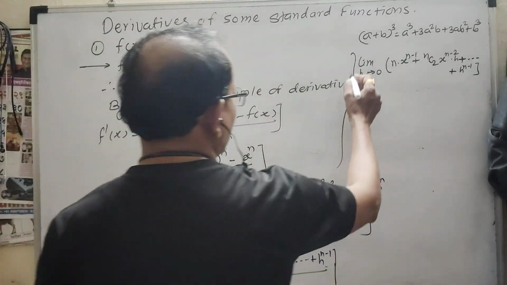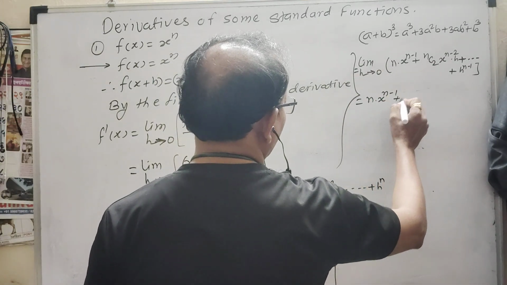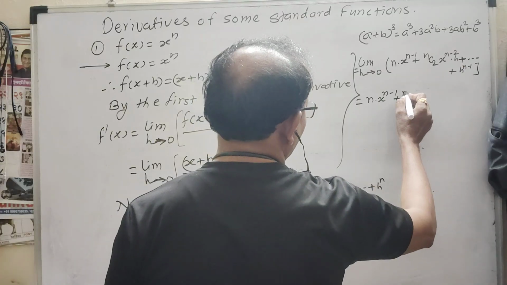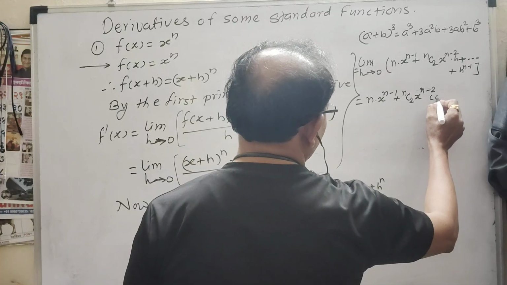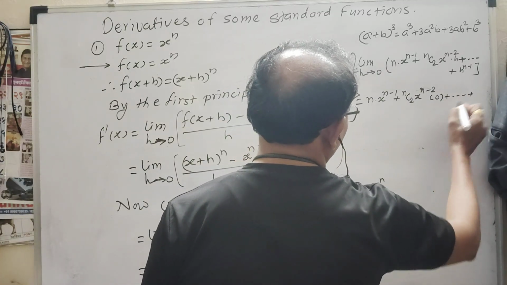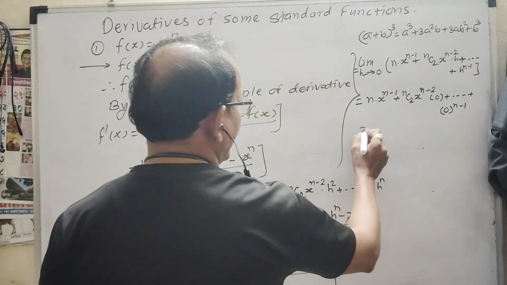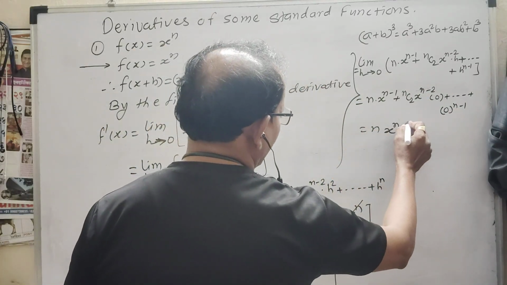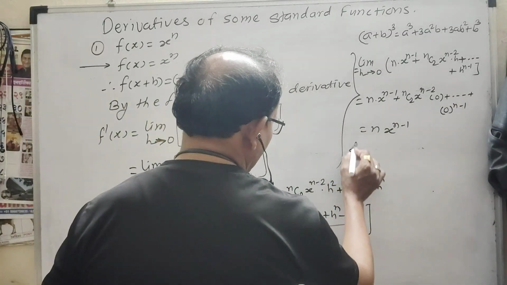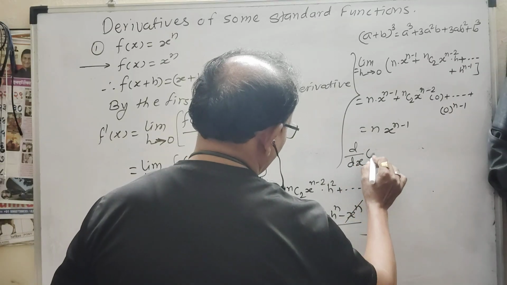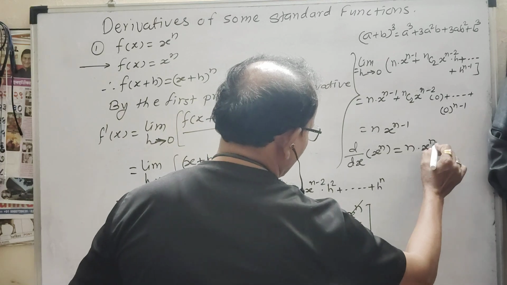We get n x raised to n minus 1 plus nC2 x raised to n minus 2 h is 0, plus dash dash dash plus 0 raised to n minus 1, both are 0. These two terms remain here: n x raised to n minus 1. Both terms are 0. Hence d by dx of x raised to n is equal to n dot x raised to n minus 1.